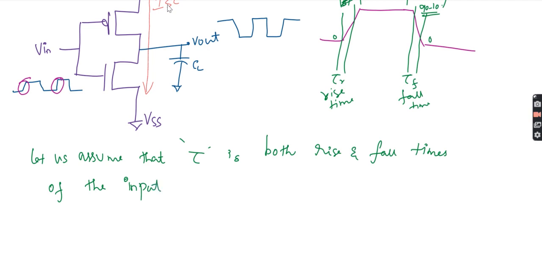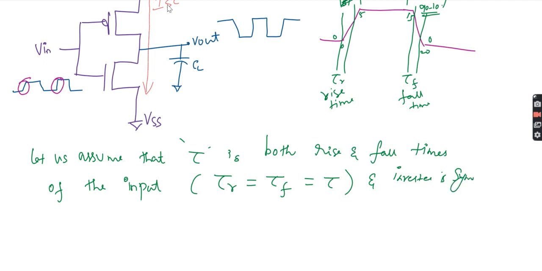I make tau_r equal to tau_f equal to tau. I'm going to take equal rise time and fall time. So you can say this is 0, this is 5, around 15, then this is 20 nanoseconds. Okay, that is all. And the inverter is symmetric, meaning the amount of rise time is the same amount of time for fall time also.